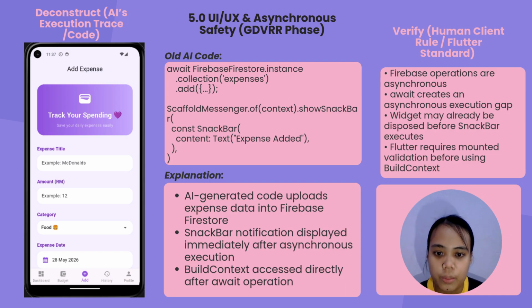When the await keyword is used, the widget may already be closed before the snackbar executes. However, the AI-generated code still uses BuildContext directly after the asynchronous operation. This violates the Flutter asynchronous safety guidelines.